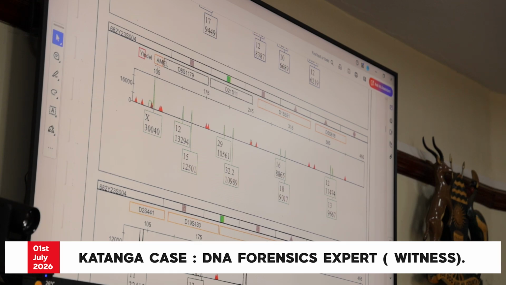Okay, and then at the next one, this is the sex-determining marker, Amelogenin. Okay. And as we can see, we have one single peak here. This is because Molly is a female. Females inherit the X chromosome from both parents, hence one peak here indicating female.